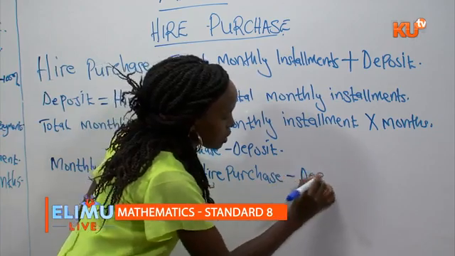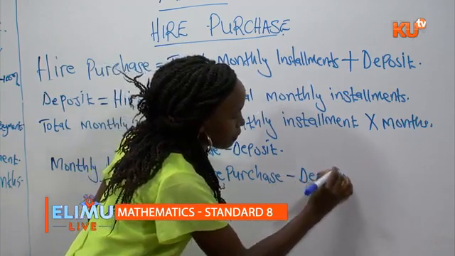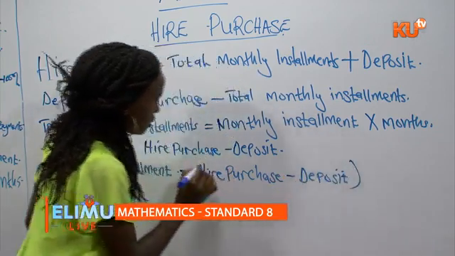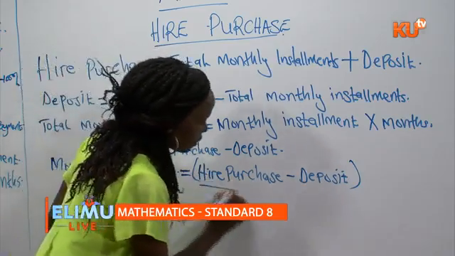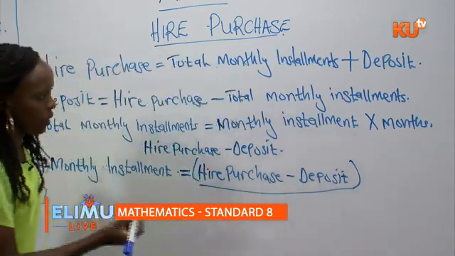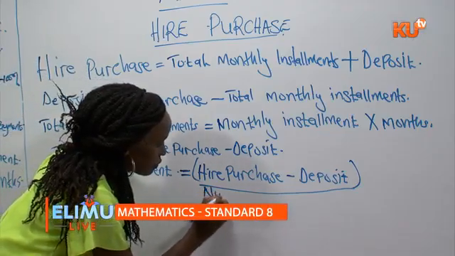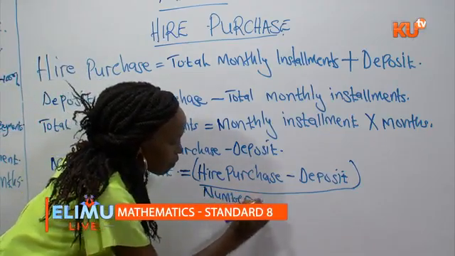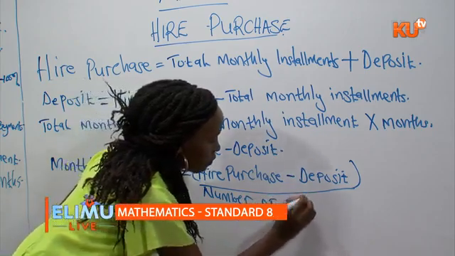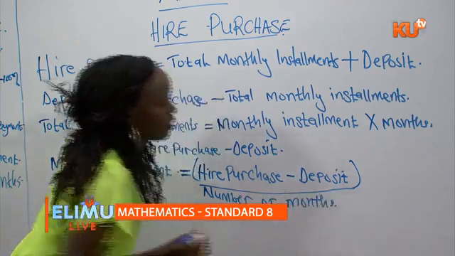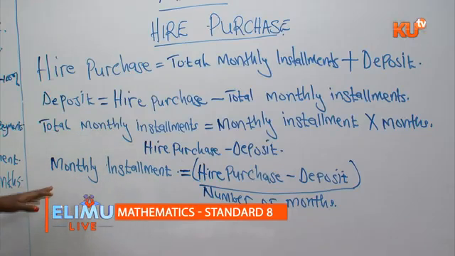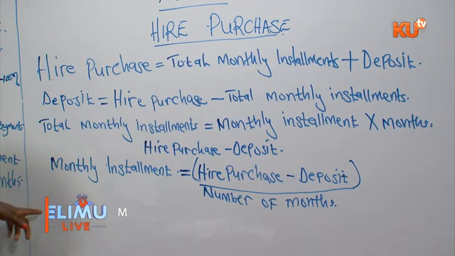The answer you get, you divide by the number of months. With that you'll have gotten the monthly installment, or the amount that this person paid per month.